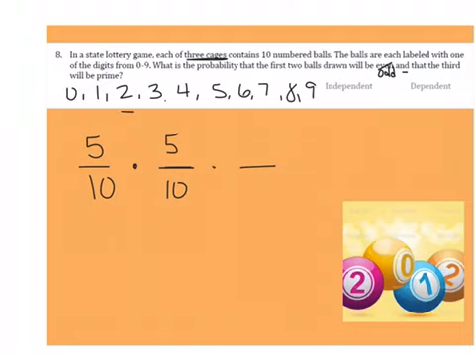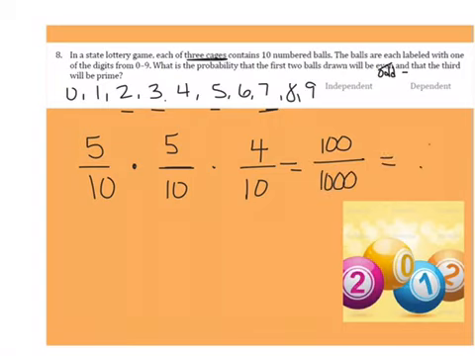So we know that 2, 3, 5 from the number dice are prime. 7 is also prime because it only has 1 and 7. So since this is a separate cage, there's 4 of them out of 10 still total. So we're going to multiply these all across, and I'm going to get 100 divided by 1,000, and that's going to give me 0.1.